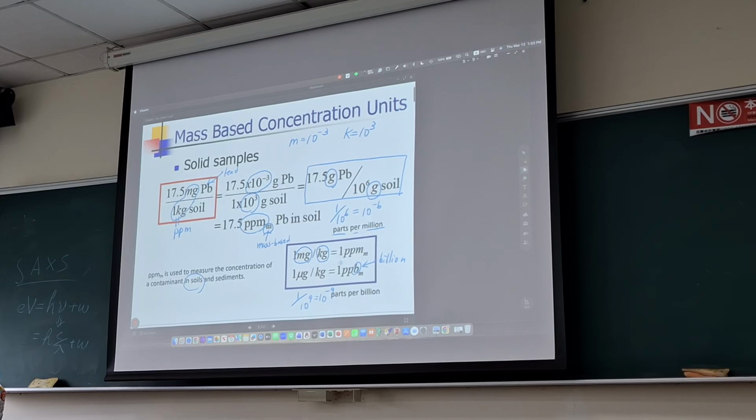If this is in water, it's going to be 1 milligram per liter. So 1 milligram per liter also equals 1 ppm, write this down, especially in solutions. And if you use kilograms, it's in solid.